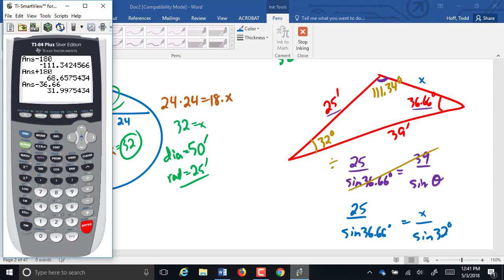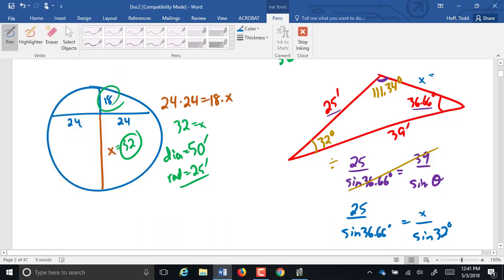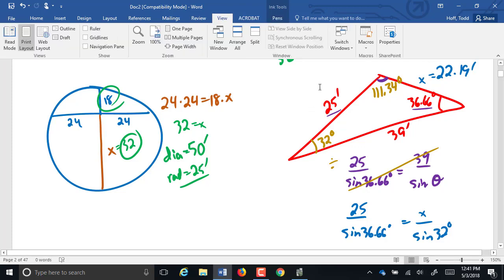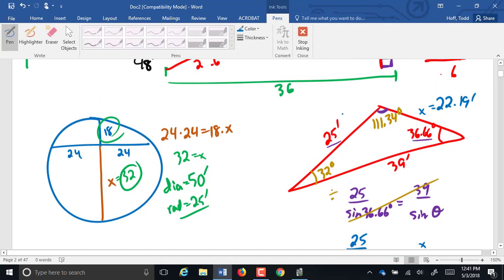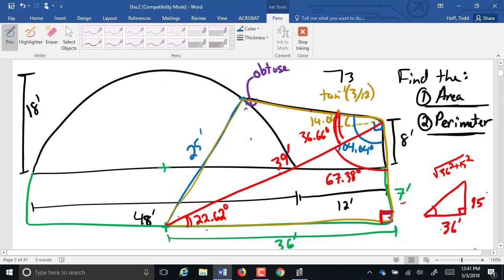Very good. 25 times sine of 32, close parentheses, divided by sine 36.66. 22.19 feet. So I'm going to write that in up here on my figure, because I'm going to need that later.